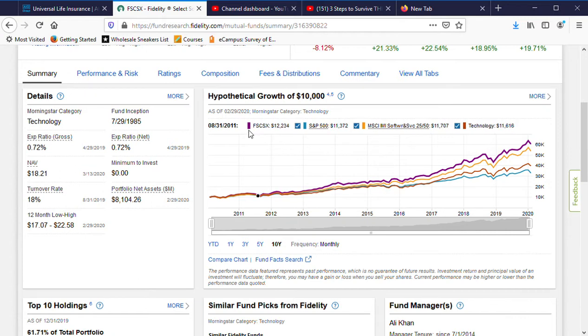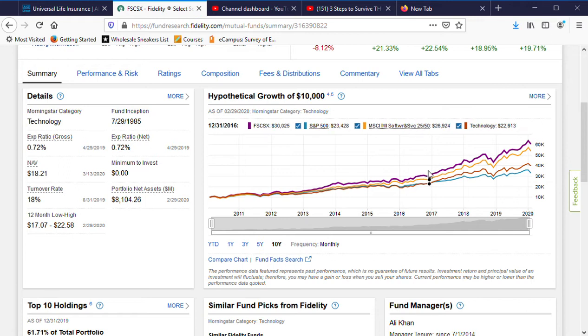The purple is your stock, the FSCSX, and then the blue is the S&P 500. The orange looking one is the whole technology realm, and then this one is the software and service field.